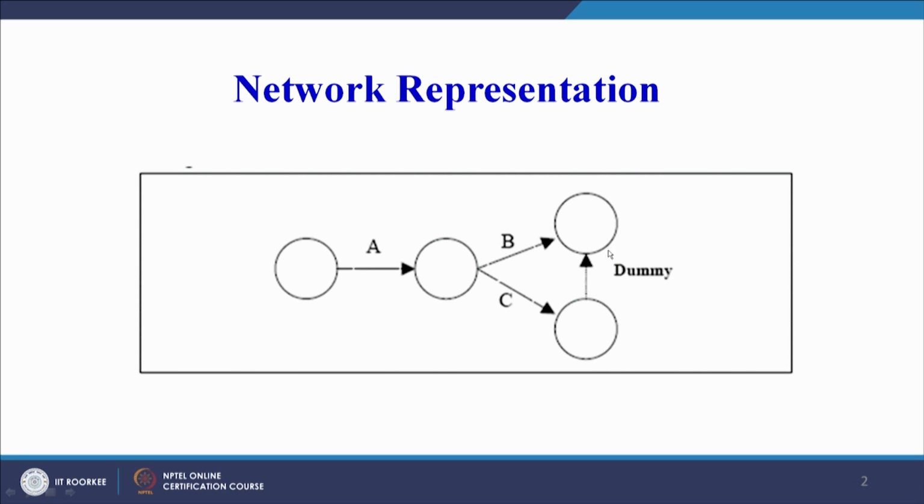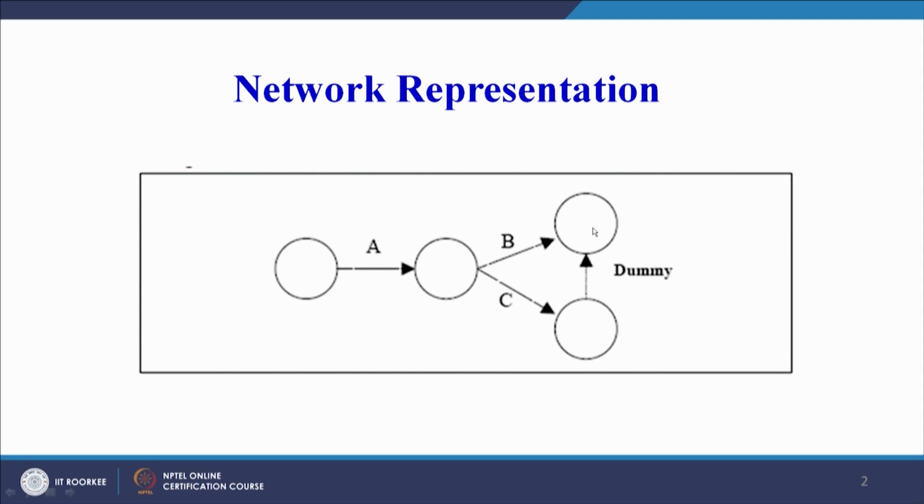This circle is usually called a node. So there are 4 nodes in this network: node 1, node 2, node 3 and node 4.